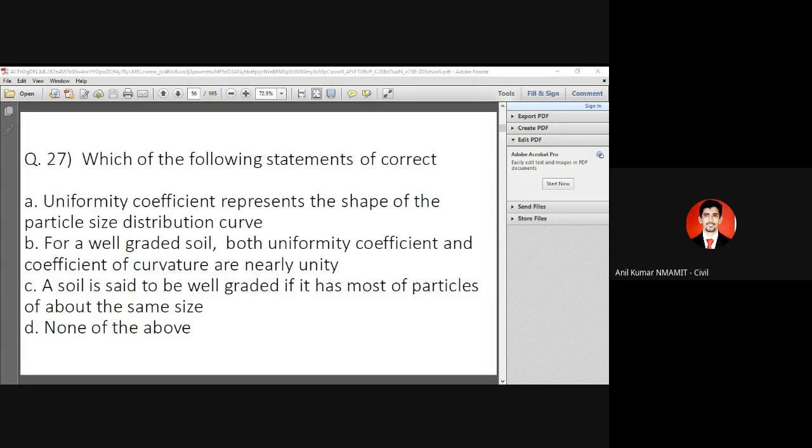Direct question, and I want a direct answer. Nitin has given A, which I think was for the previous one. Anusha has given D. None of the above. Okay.